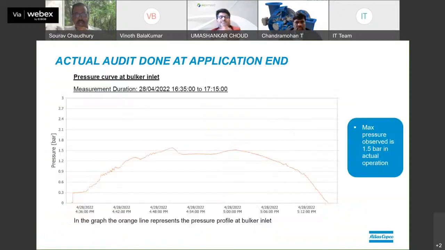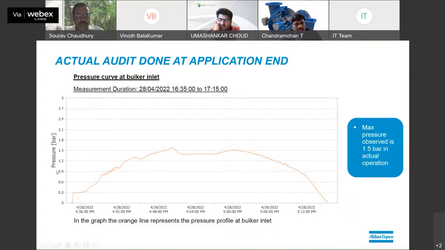But what we have seen is that when we are giving the initial resistance, the bulker is full of material, the resistance is high, so the pressure builds up. It doesn't go beyond 1.5 bar, that's what we have observed in most of the cases, and it remains stable for a while. Then as the material moves out of the bulker, the resistance decreases and the pressure comes down. You can see the maximum pressure here is around 1.5 bar. This graph explains this very nicely.